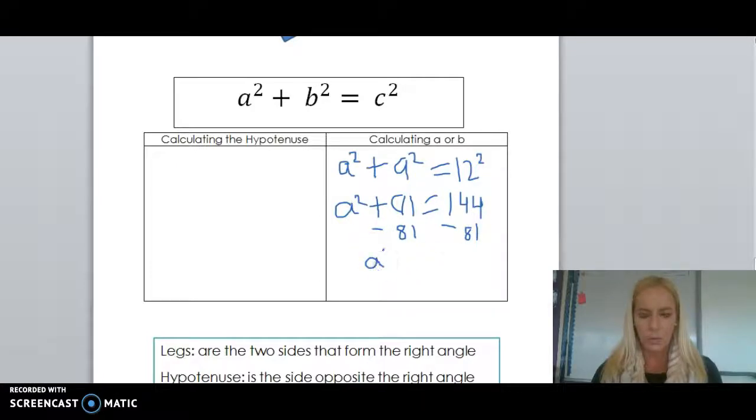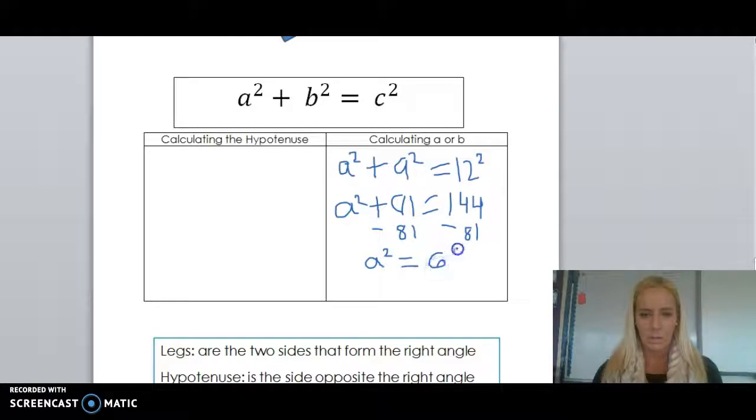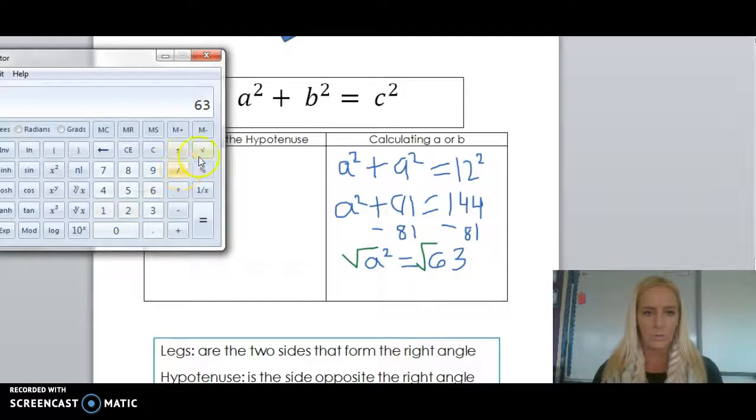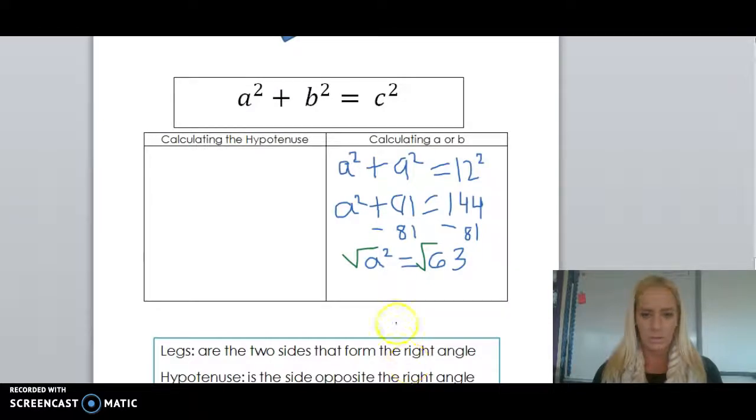So A squared equals 144 minus 81, which is 63. Now I'm going to take the square root of both sides. And the square root of 63 is 7.9. So A equals 7.9. I believe I said feet.